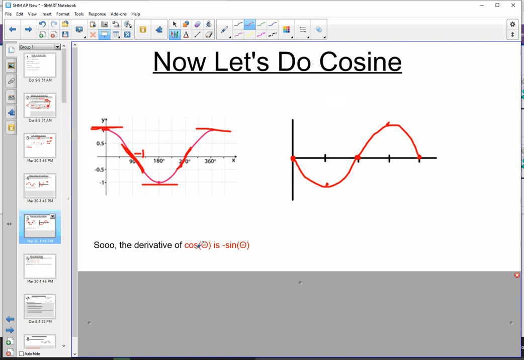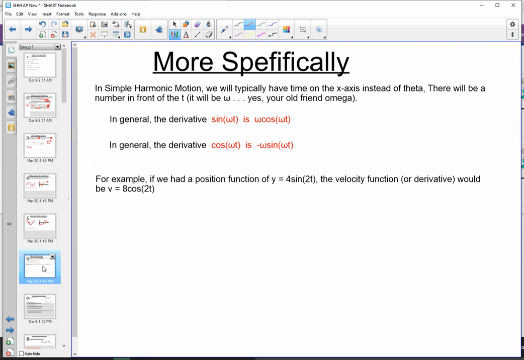In our case, when we're using t's, where time is on the x-axis, the derivative of cosine t is negative sine of t. So to summarize, in simple harmonic motion, we're going to have time on the x-axis instead of theta, and there'll typically be a number in front of the t. It's going to be omega. Again, you remember your old friend.